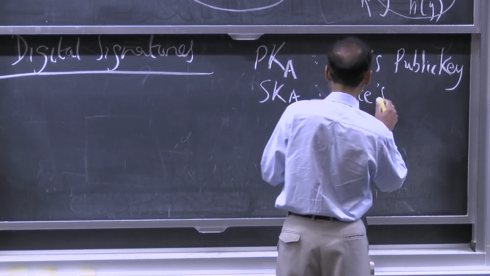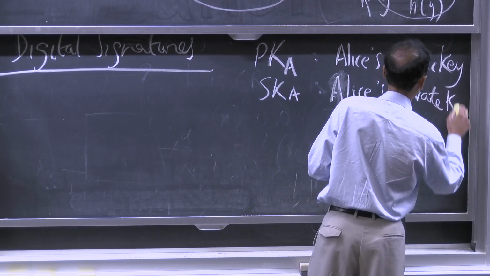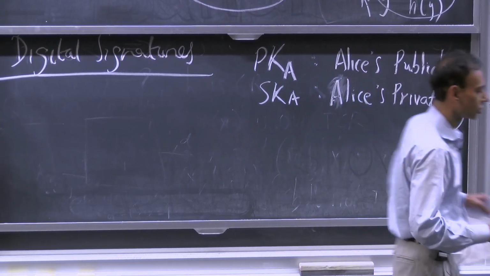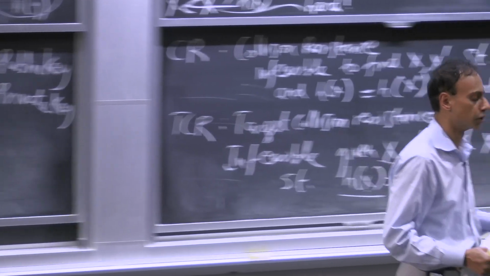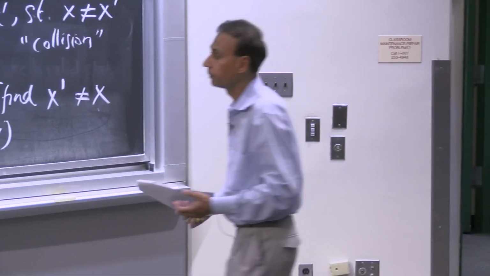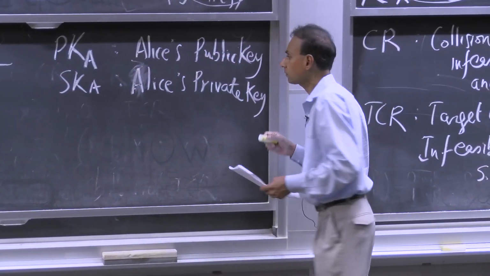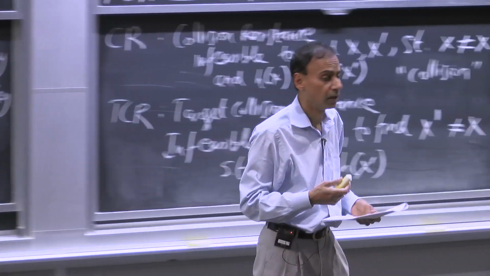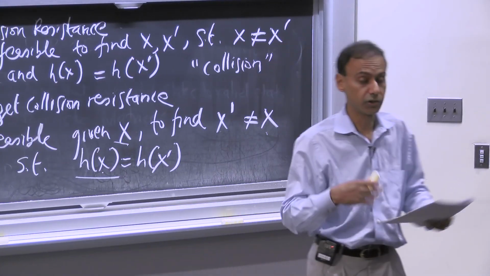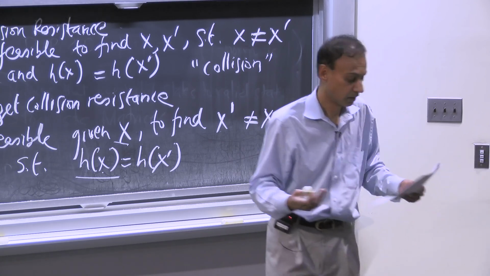There are two keys associated with the public key system. Anybody and everybody in the system would have a public key that you can put on your website, and you also have a secret key that's like your password that you don't want to write down, you don't want to give away, because that's effectively your identity.